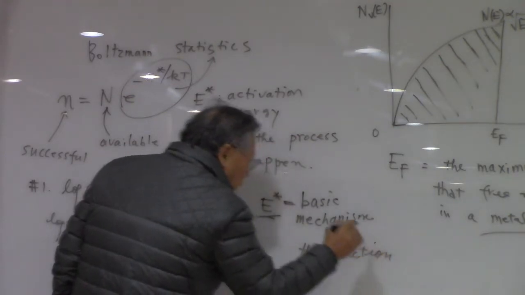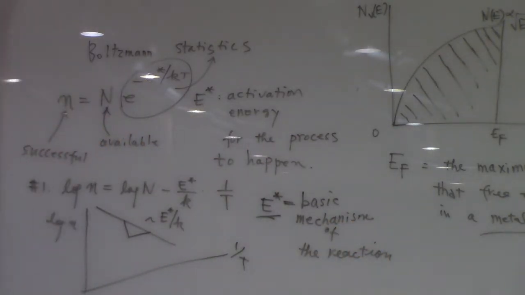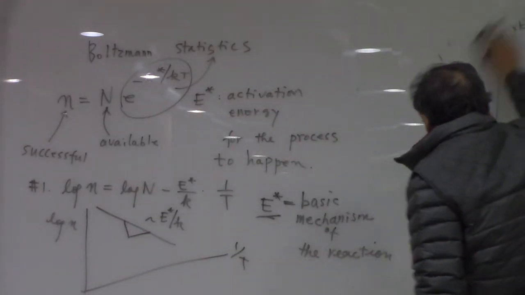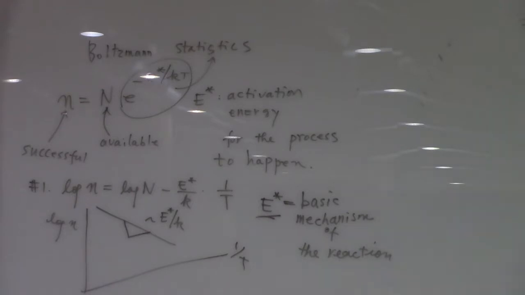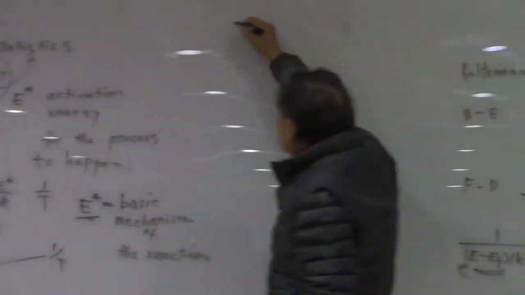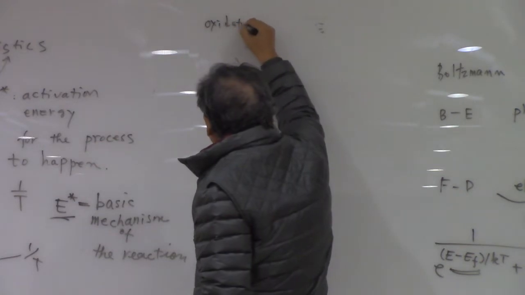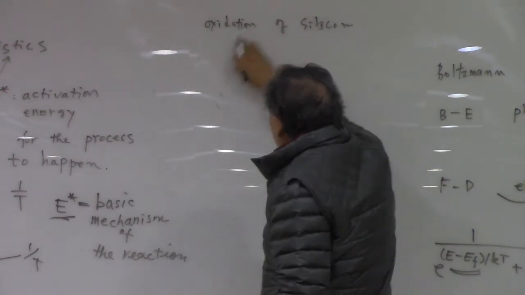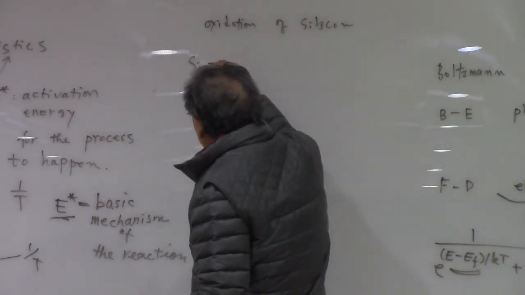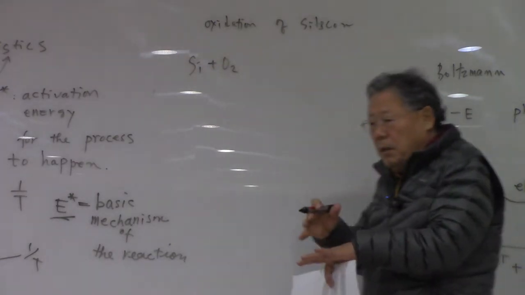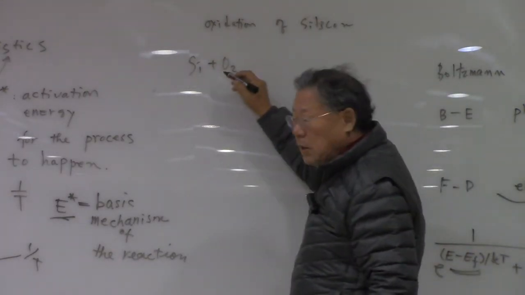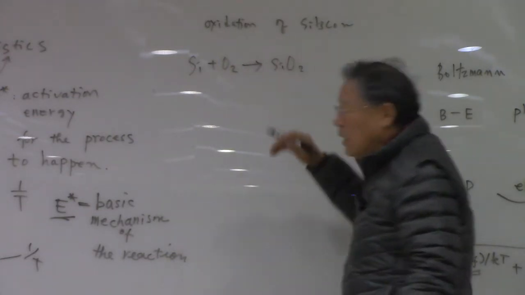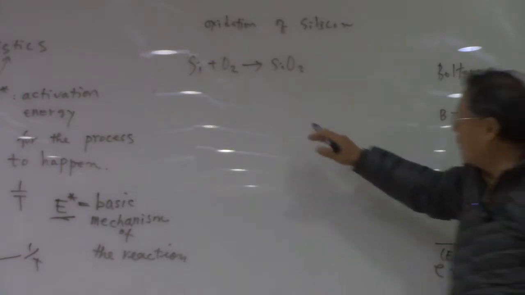For example, when you plot the oxidation of silicon, we know the silicon is going to meet with oxygen and we're going to have a silicon oxide as a layer on top of this.